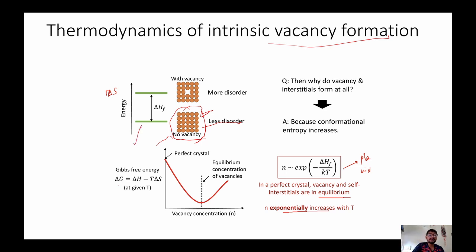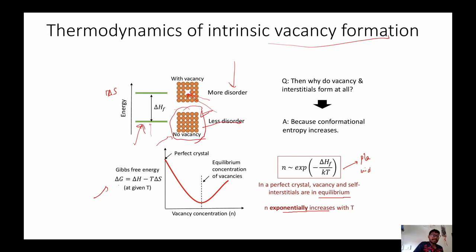If we provide some energy to this externally, a vacancy is created. So delta HF energy we have provided and a vacancy is created, and this system is less ordered, more disordered. We know that Gibbs free energy should be least for a system to be stable.